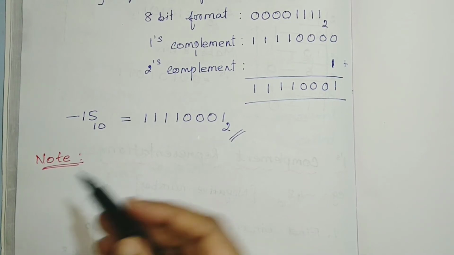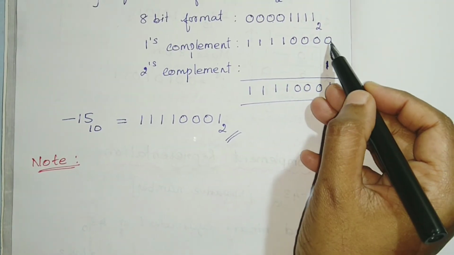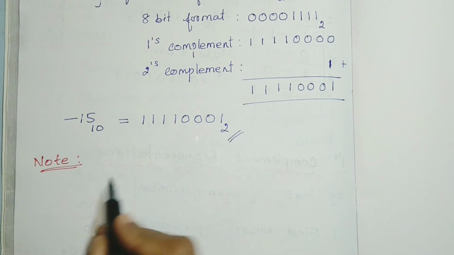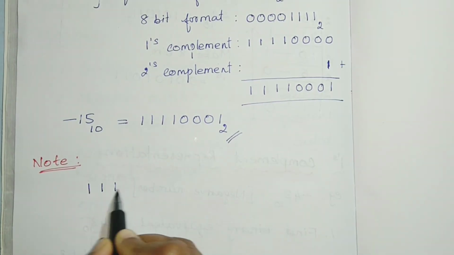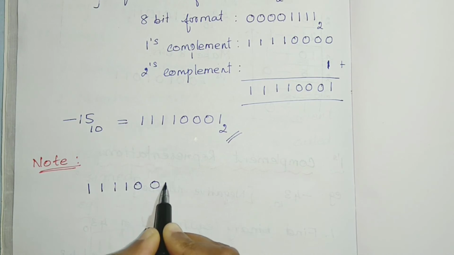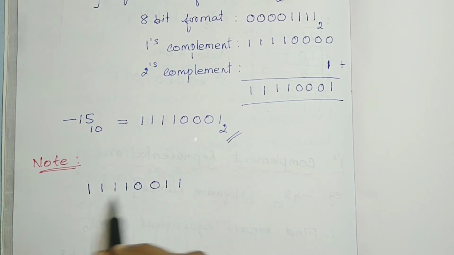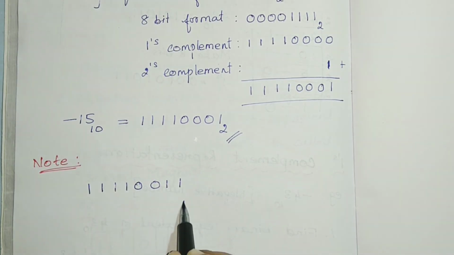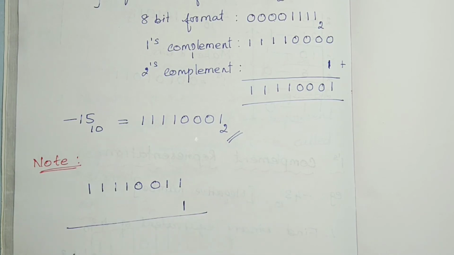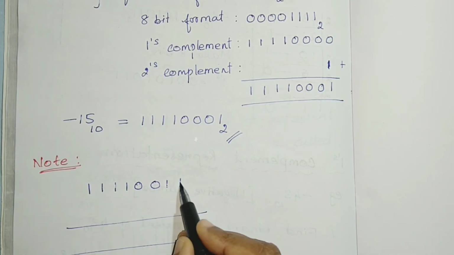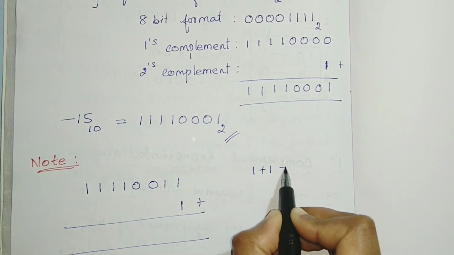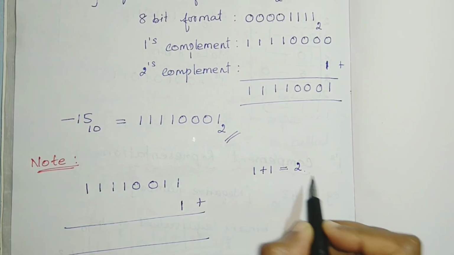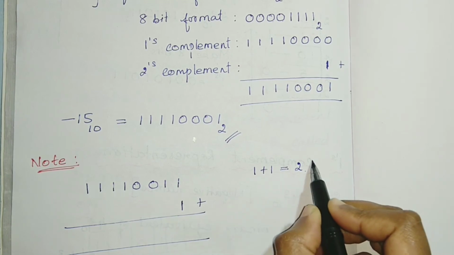Here you have to note one thing, especially when you do addition. 0 plus 1 is easy to do, but if the least significant bit is 1 and you are going to add 1 to this number, let's see how to do this. 1 plus 1, obviously we say it as 2, but that is a decimal number.